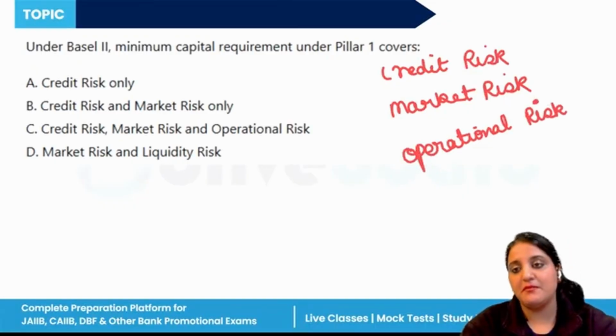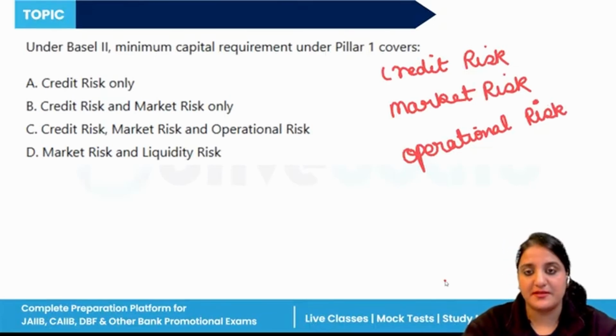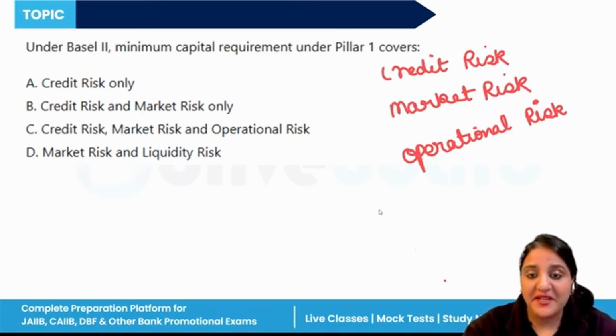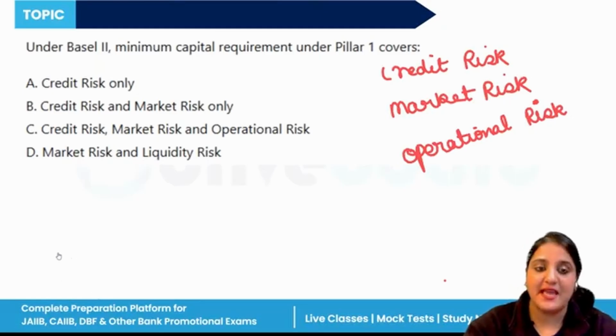Earlier, under Basel 1, only credit risk was covered. Under Basel 2, operational risk was included for the first time and capital is calculated in a very risk sensitive manner. So more risk means more capital and less risk means less capital.